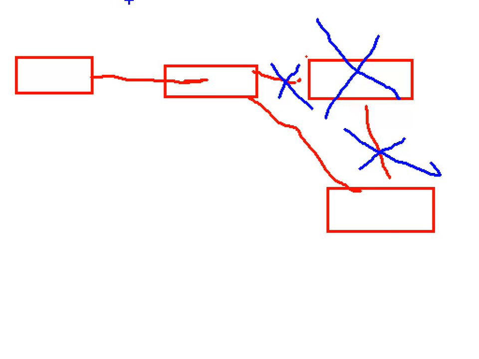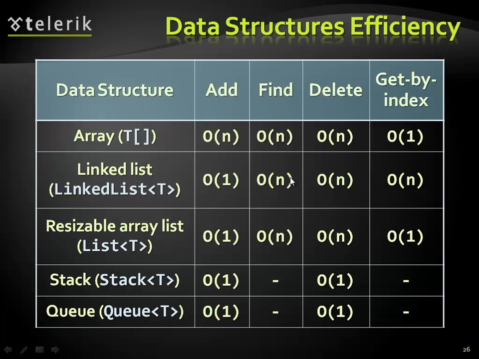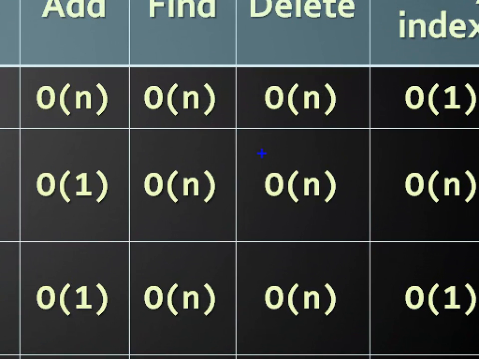If you don't know which element you're deleting and you have to find it, then you have this time. Why? Well, because you have to find it. If you didn't have to find it, it's O of 1. If you already know where it is.